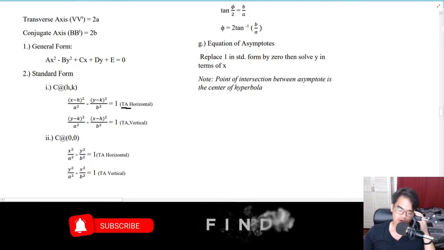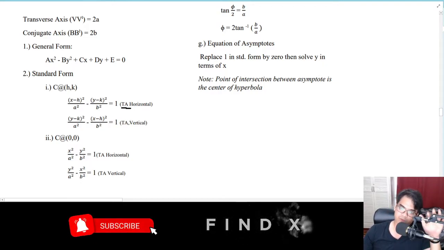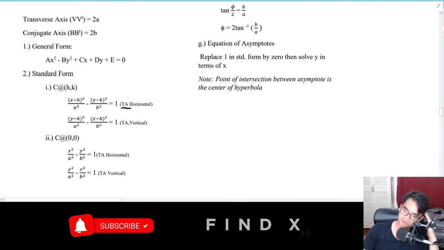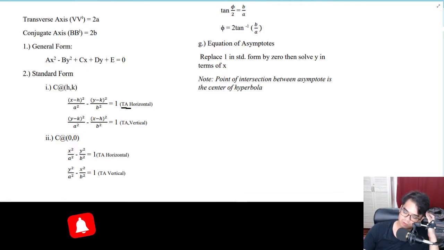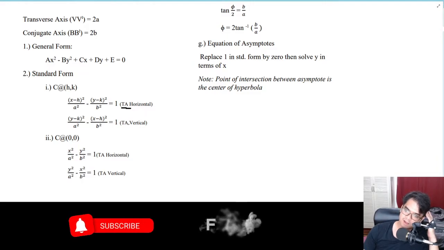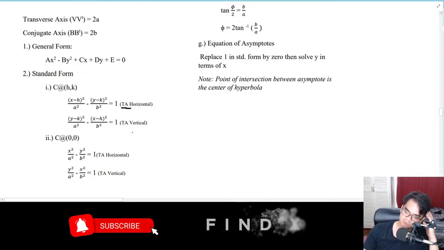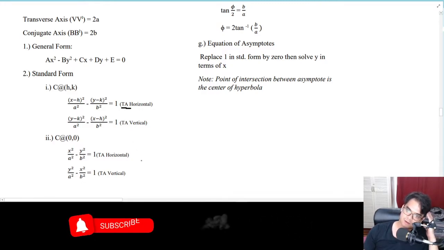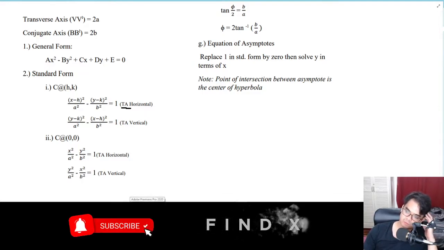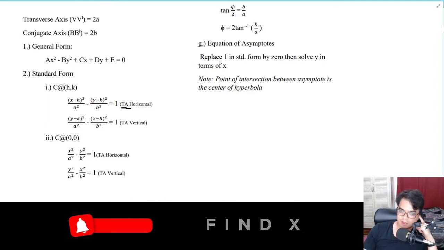So recalling the ellipse, the major axis, you can determine the major axis where the a squared will be. If the a squared is with x, therefore the major axis is horizontal, and then if the a squared is with y, therefore the major axis is vertical.